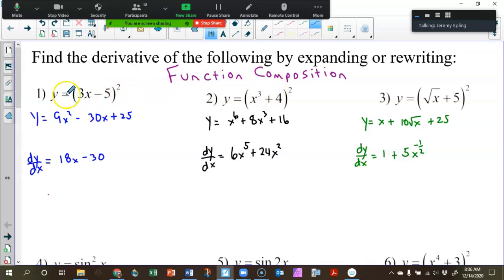I can multiply out. I can rewrite y before I go and find the derivative. And each of those then just means I'm using my power rule. Okay? The derivative, for example, of 9x squared is 18x. The derivative of 30x is 30, and the derivative of 25 is just 0. Are there any questions in getting the derivative in 1, 2, or 3?